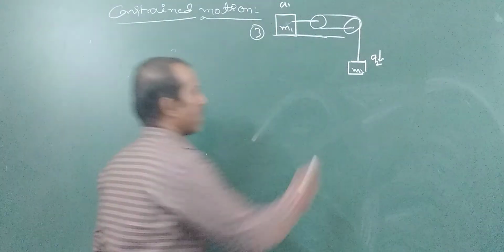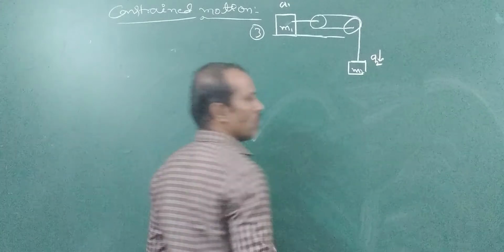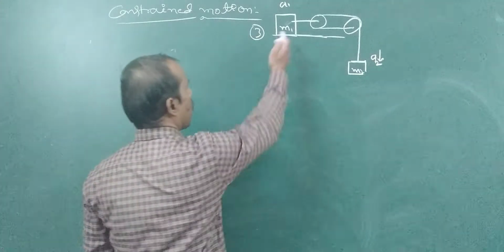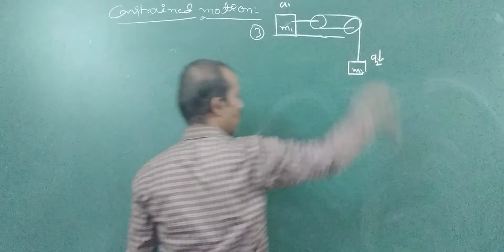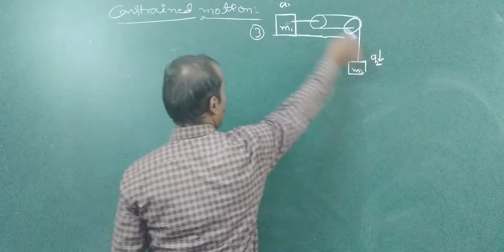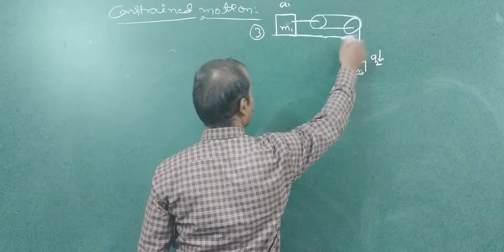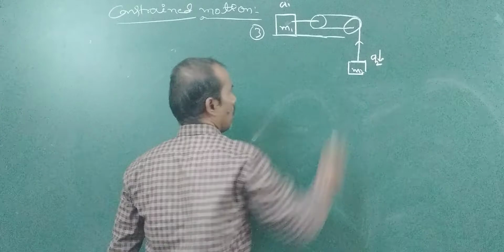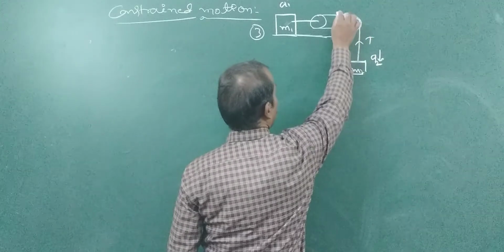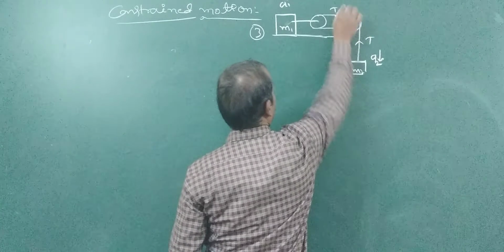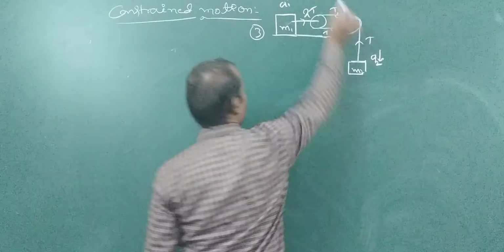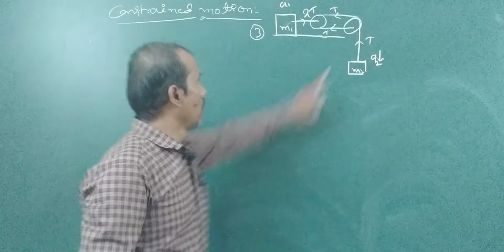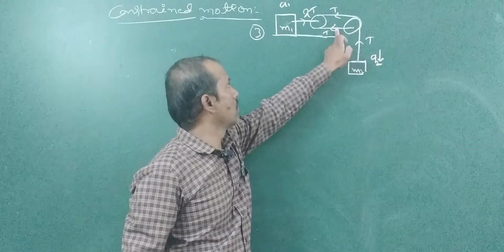The acceleration of the m2 block is a2, the acceleration of the m1 block is a1. The tension is T here, T here, so this one is 2T, this one 2T.